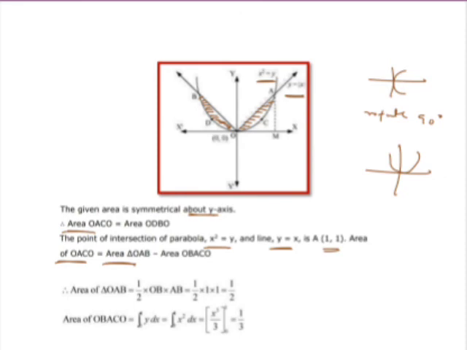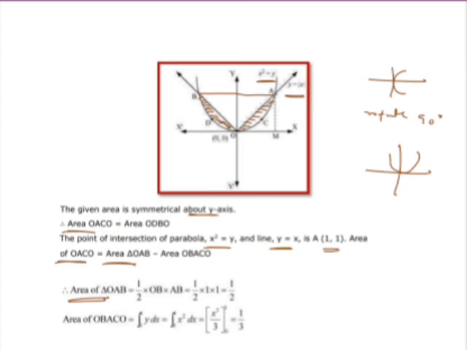Next, the area of triangle OAB equals half of OB into AB. This triangle, when we connect these two lines, becomes a triangle like this.